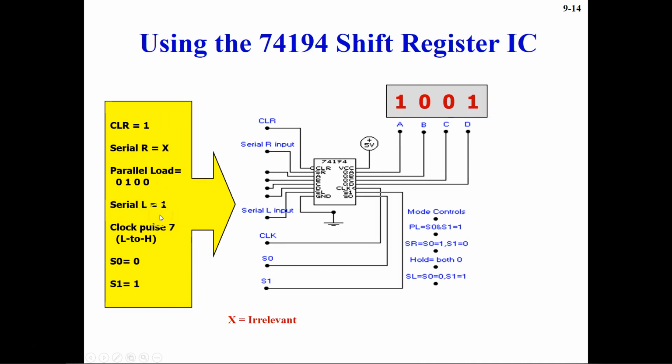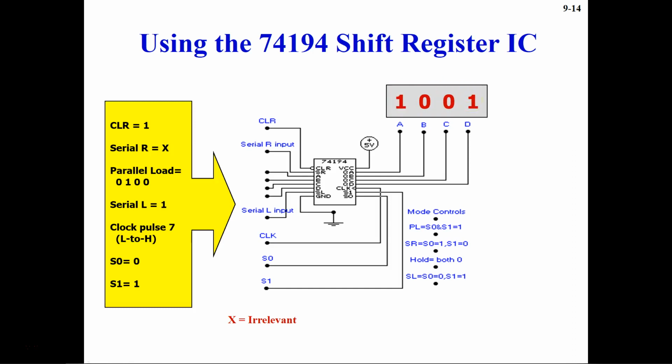And if your serial L is equal to 0, then what will happen? You will feed 0 from here. Okay, so you had 1 0 0 1 here in your previous state.